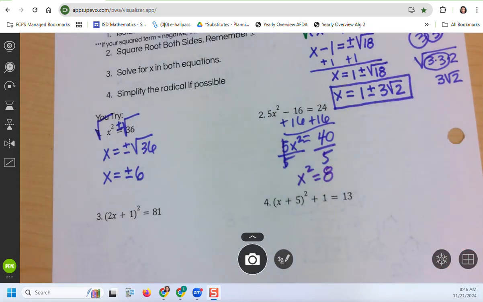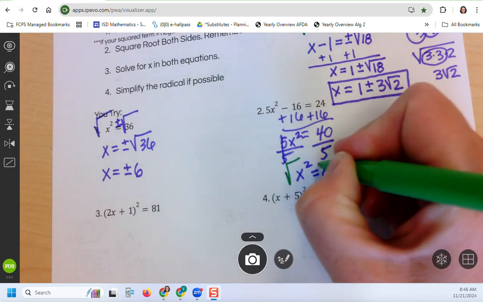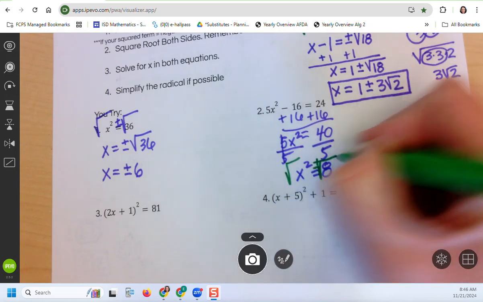And then how do we get rid of the squared? Square root. When we do a square root, remember we need a plus or minus in front of it. So there's my square root, and then I have plus or minus square root.